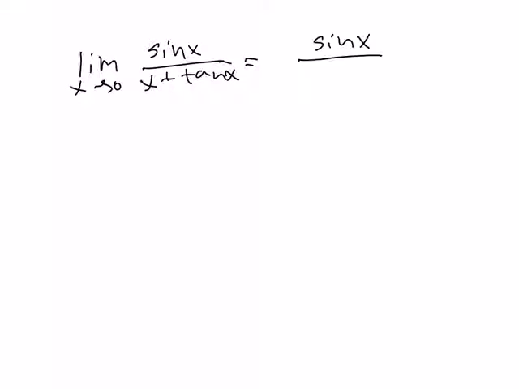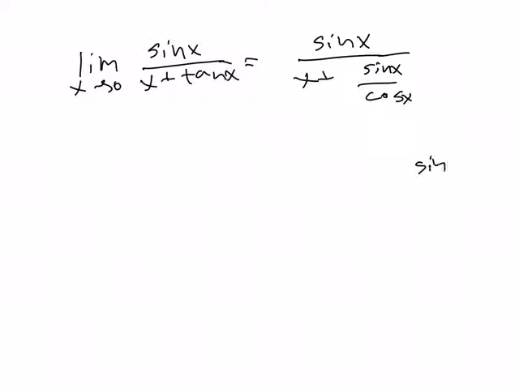So now the next problem is problem 45. It asks us to find the limit as x goes to 0 of sine x over x plus tangent x. So this is equal to sine x over x plus sine x over cosine x. And again, we have to think, what are we trying to get to?